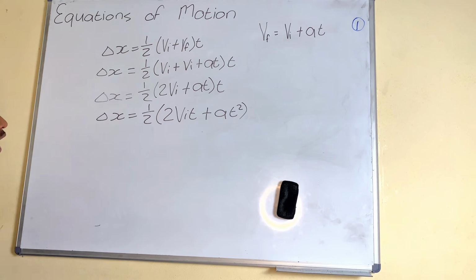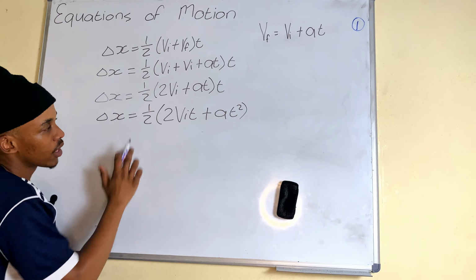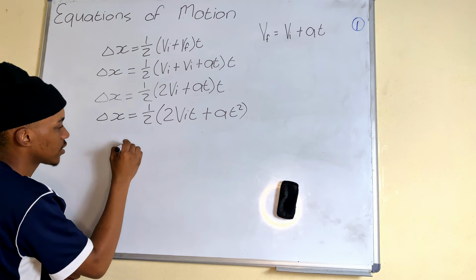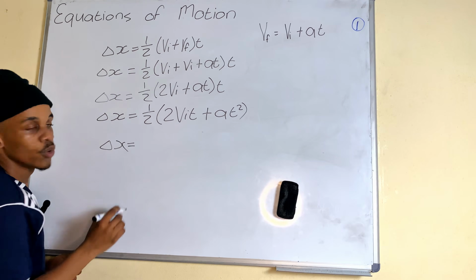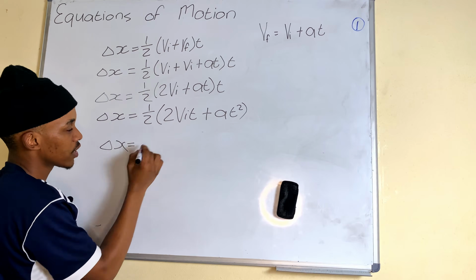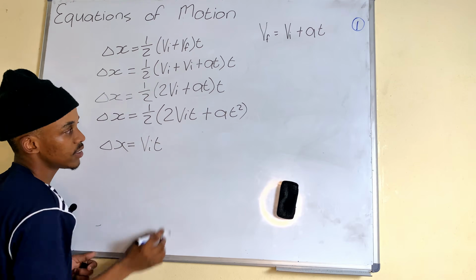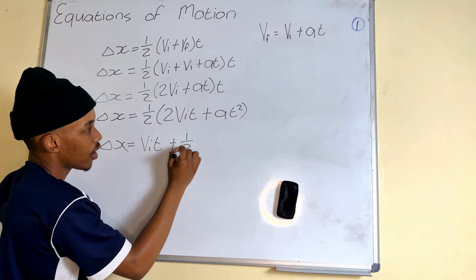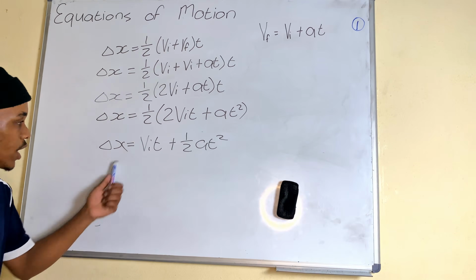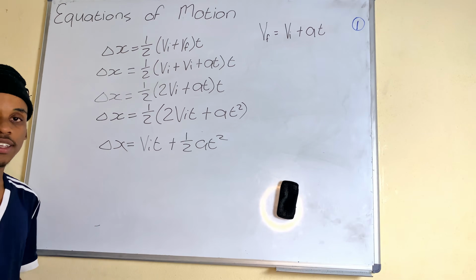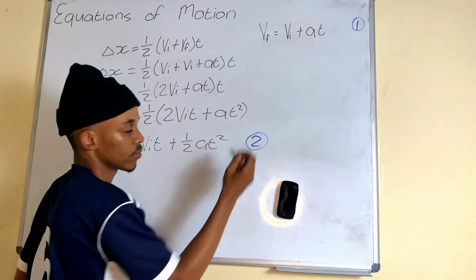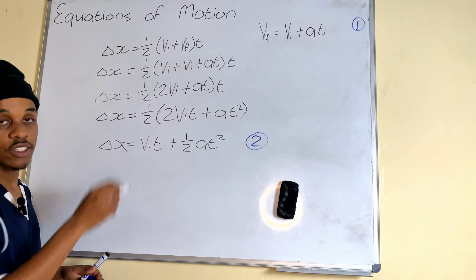And if we multiply a half with everything inside the bracket, half multiplied by 2 will give us vit plus half at squared. And we have now derived our second equation of motion. I'll move it over there to make space.